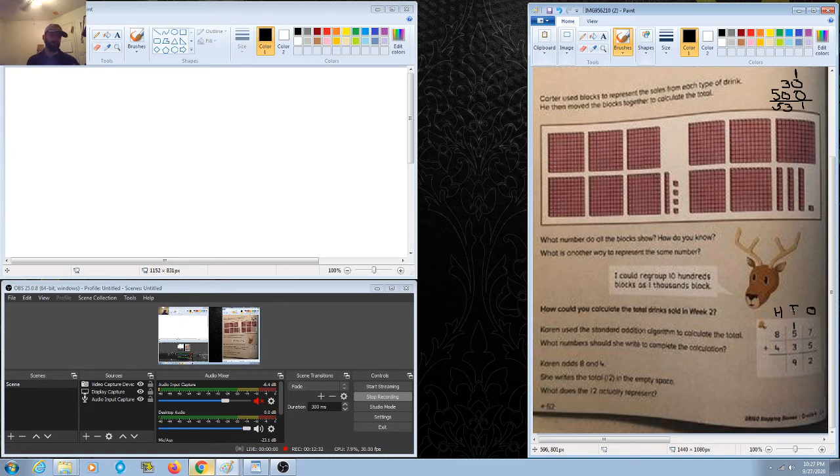So now we can take 1 plus 5 plus 3, but remember, these are groups of 10. So this is essentially like 10 plus 50 plus 30. That's 90. So that 9 in the tens place represents 90.